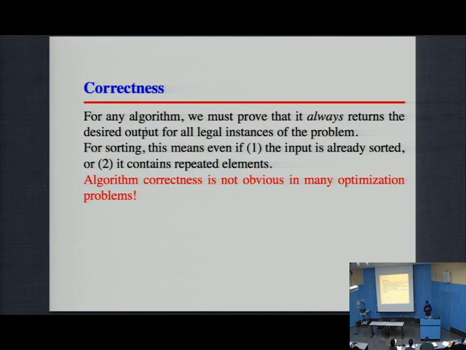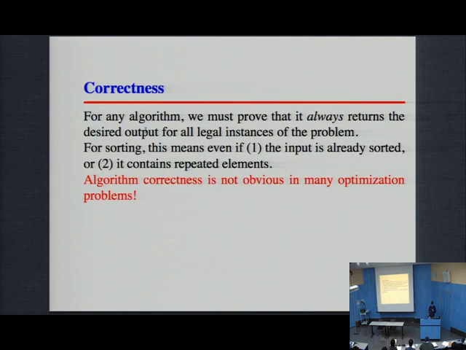Now, the idea of correctness being obvious, I'm not going to spend as much time over the whole semester talking about correctness as I should, but here's where I want everyone to start listening. An algorithm, to be a real algorithm, has to be correct. What does correct mean? It means that on every possible input, it always achieves the desired output, as specified.